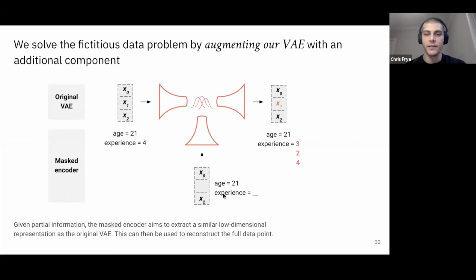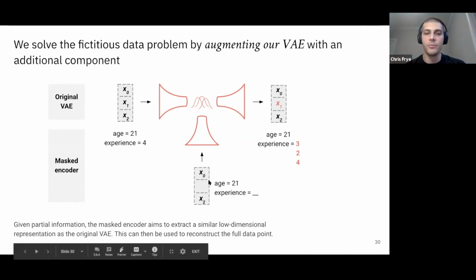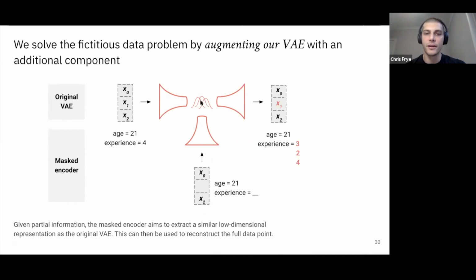And you're right that the basic task this masked encoder performs is encoding a data point with missing features into this information bottleneck, this latent space, so that it can be decoded and come out with reasonable feature values. So it's a way to sample missing feature values from the conditional distribution, conditioned on the true values of x0 and x2.